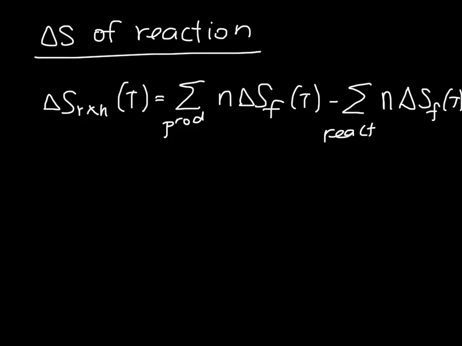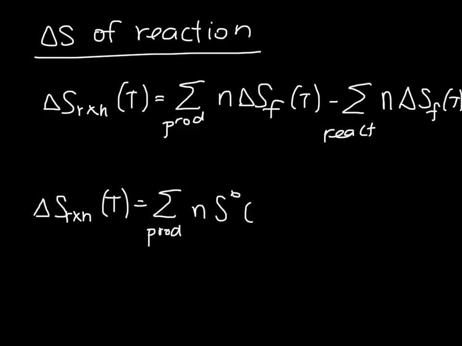You can also do this, though, with the absolute entropies instead, right? So we could instead write this as the products, so this would be N, and then the absolute entropy. So whichever is easier to calculate the entropy change, you can do it in that way. So that's the summary of how we use all of these different equations for calculating changes in enthalpy and changes in entropy.